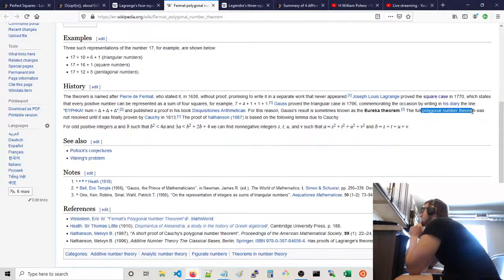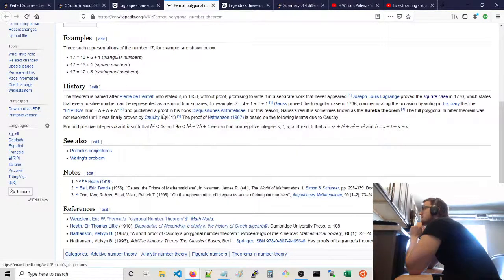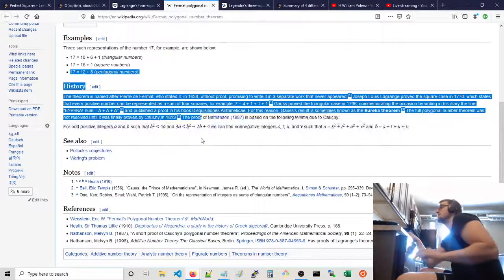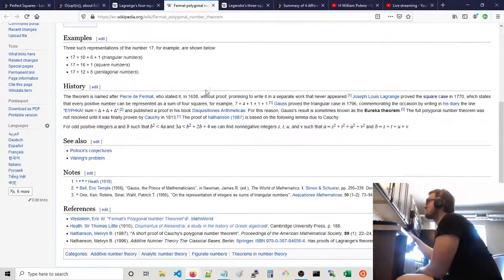The full polygonal number theorem was not resolved until it was finally proven by Cauchy in 1813. Cauchy did a lot of stuff in maths. I happen to be a fan of Cauchy. He's done a lot of interesting things. The proof of Nathanson is based on the following lemma due to Cauchy.